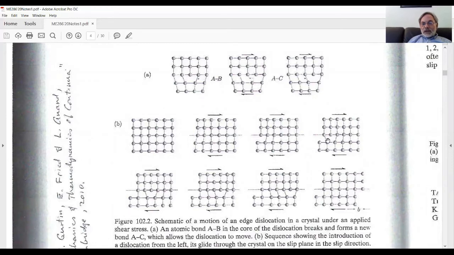This process repeats. A bond is broken, and a new bond is formed, like so. And the effect is that the dislocation, which was associated with the second column of atoms, is now associated with the third column. The dislocation has traveled one lattice spacing to the right.